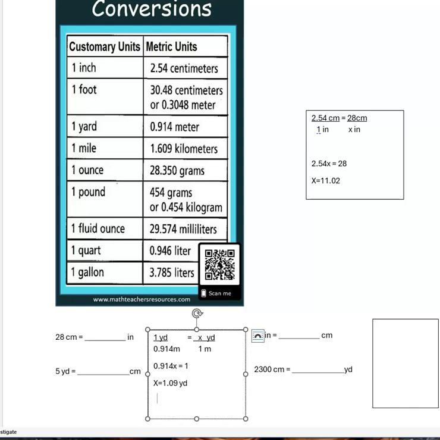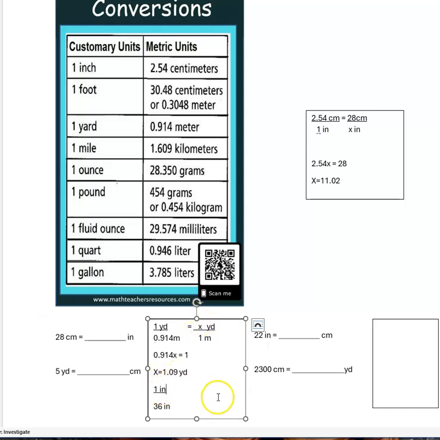So I believe that's 36. So I would say 1 inch. Let me put that in a fraction form. 1 inch over 36. I'm sorry. Let me extend this a little bit. Bear with me.